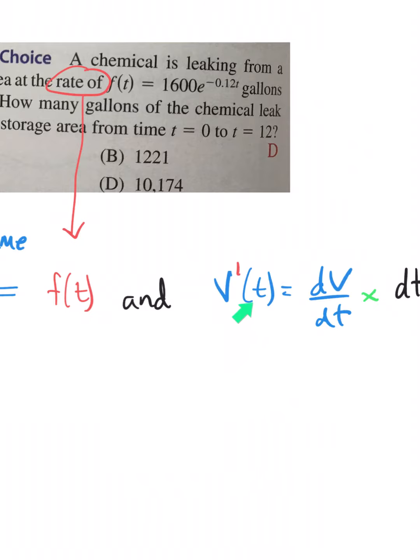And recall that whenever you have a rate like f of t, which is V prime of t, the rate with respect to t, times the differential with respect to t gives you the differential in the dependent variable, in this case V. Or in other words, this is a net change problem.